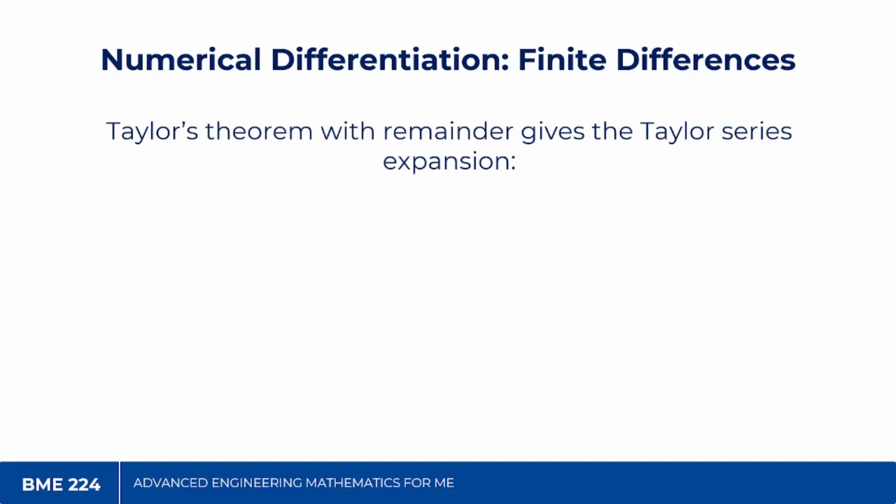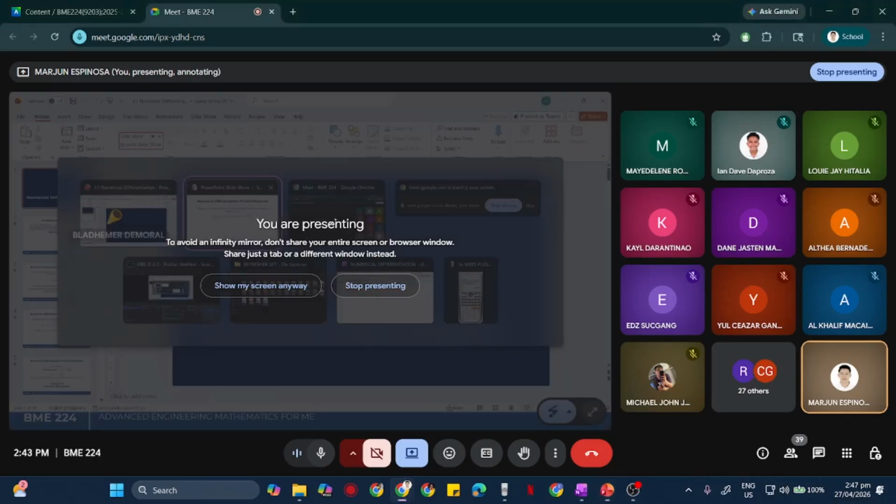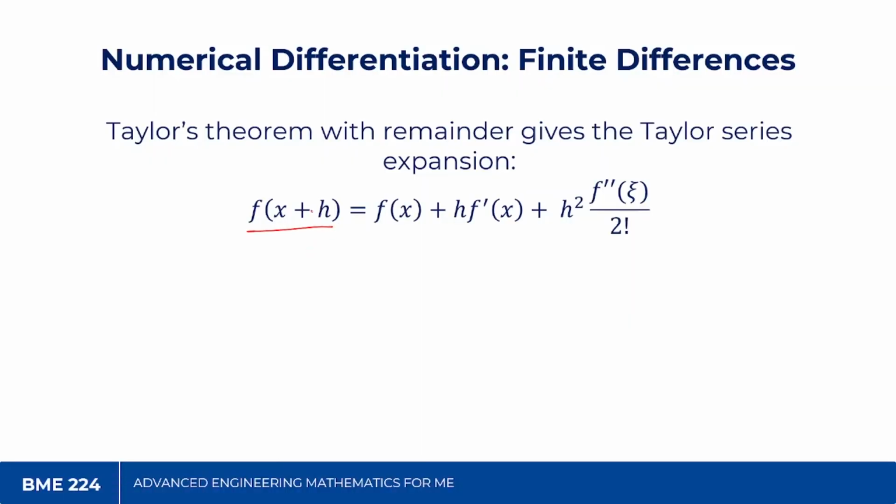Now, Taylor's theorem with remainder gives the Taylor series expansion. If we evaluate the Taylor expansion of our f of x plus h, we have f of x, and then plus our step size times the first derivative of x, plus the second derivative term where h is squared. Here h is x minus some value, for example, minus a.